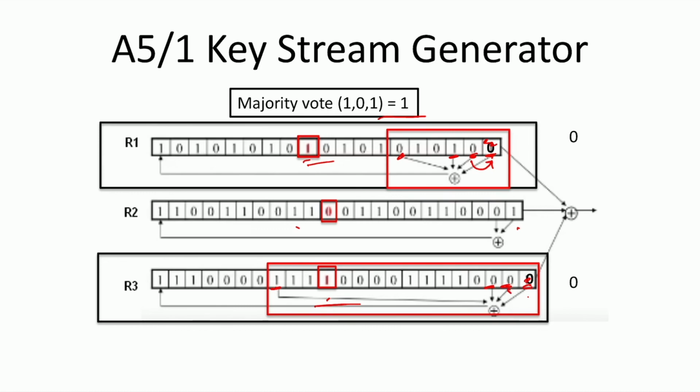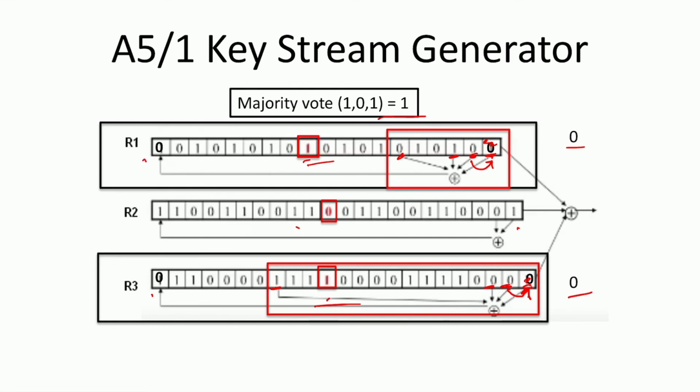And same thing here, we're going to have a 0 at the last position because we're going to move this 0 to the last position. Then we're going to put these two values at the first bit location for each of the two registers, so we have a 0 at the first location for each of these two registers now.